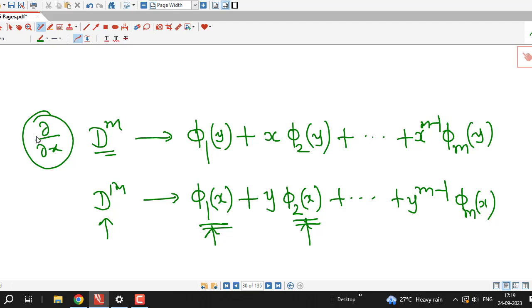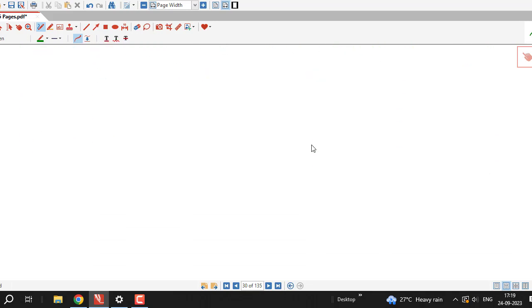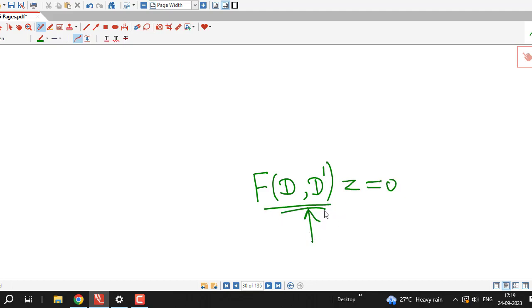So while integrating with respect to x, we will consider y as constant, therefore here we write arbitrary functions of y. So remember this criterion also while solving homogeneous linear PDEs with constant coefficients, in which f(D, D dash) is a homogeneous function of D and D dash.